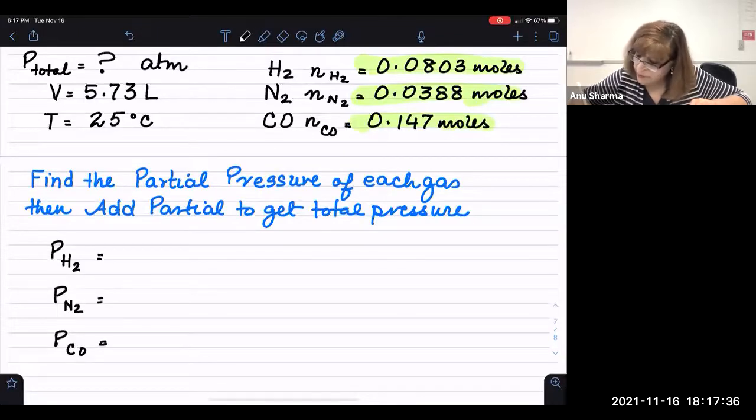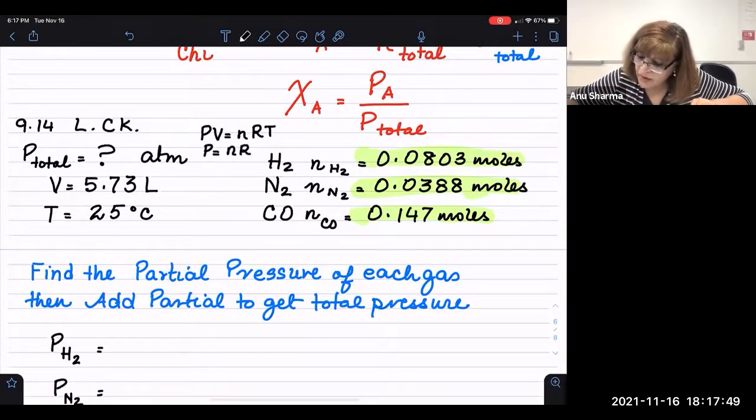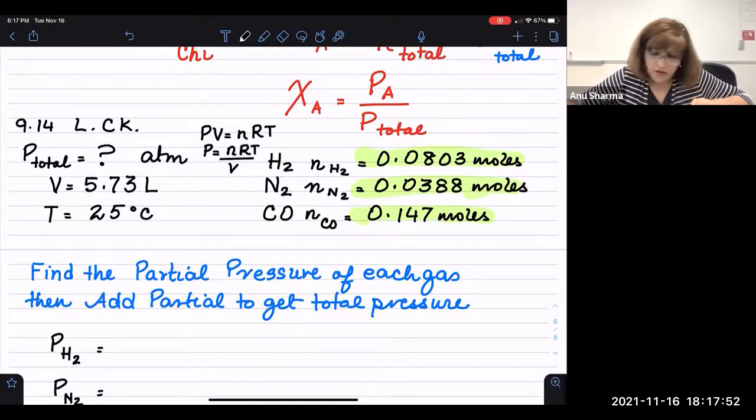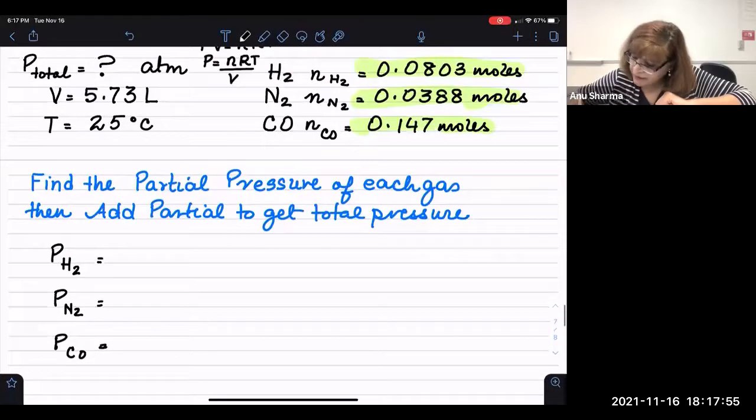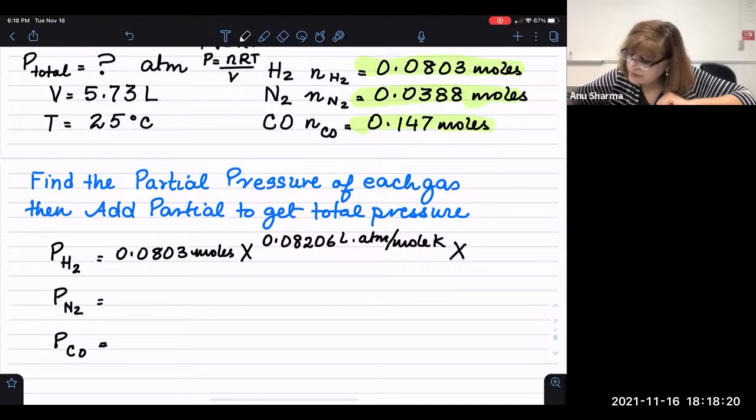How? We have the formula PV equals nRT. Just rearranging this, P is equal to nRT over V. So here the n for hydrogen is 0.0803 moles times 0.08206 liters atmosphere per mole K, times the temperature.